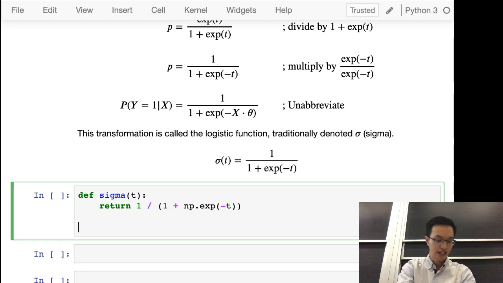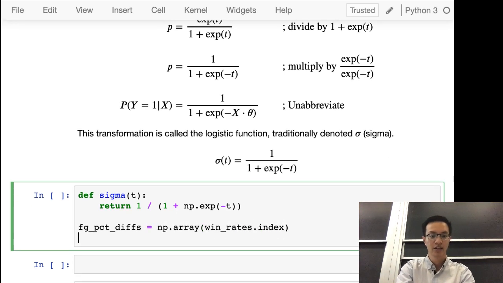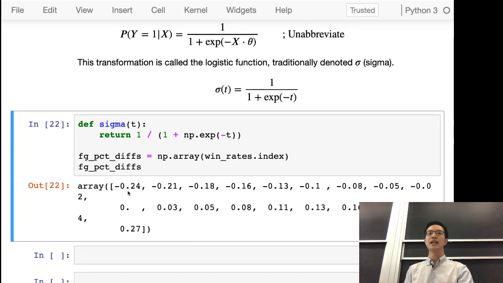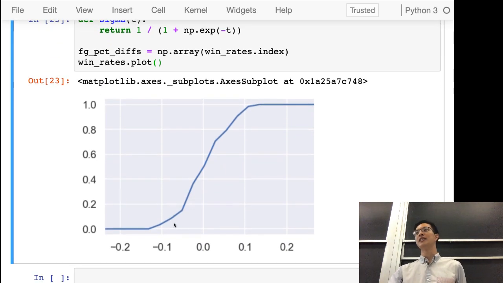What I can do is take my win rates, and what I have here is simply the bins that I've created before, and I can take my win rates and plot them. So here are my data values that I've binned together. I'm taking the average for every bin.